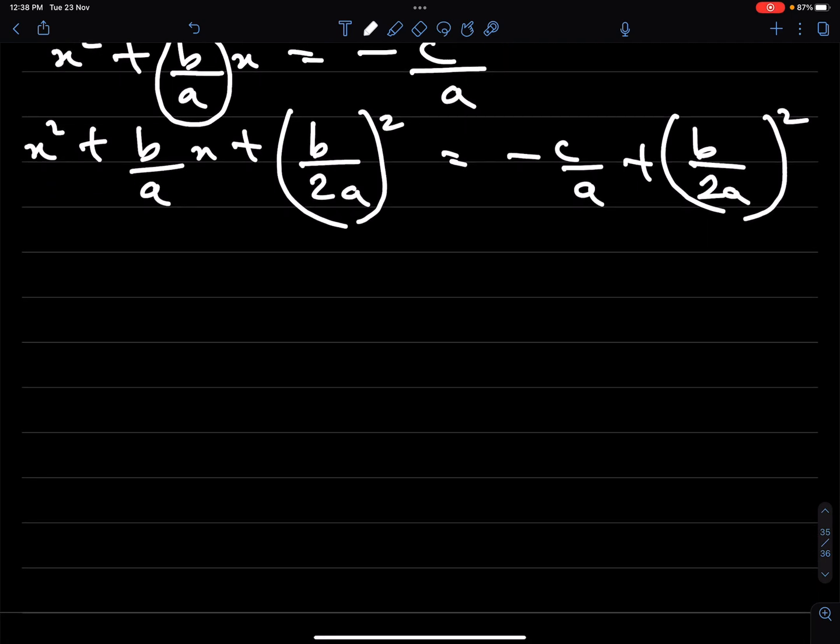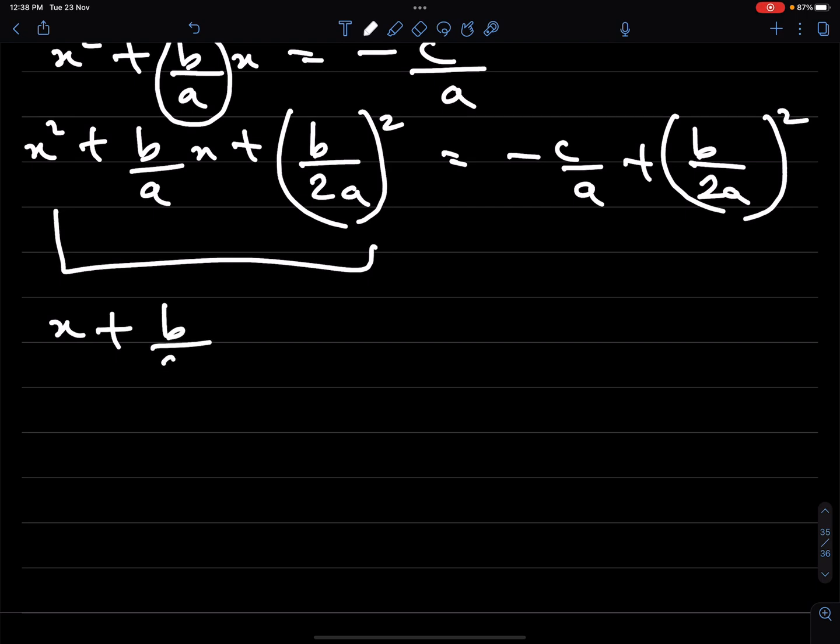Now the next thing is to write this left hand side as a square, and it's simply x. That's the trick. Just write x and then whatever half the coefficient of x is. If it's minus, put minus. If it's plus, put plus. It's plus, so that means x plus b over 2a.